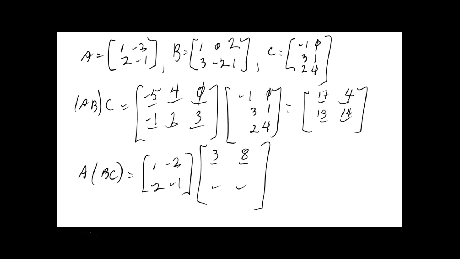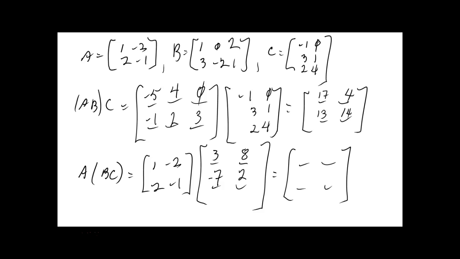So it's -7. Then -2 plus 4, which is 2. So BC is 3, 8, -7, 2.